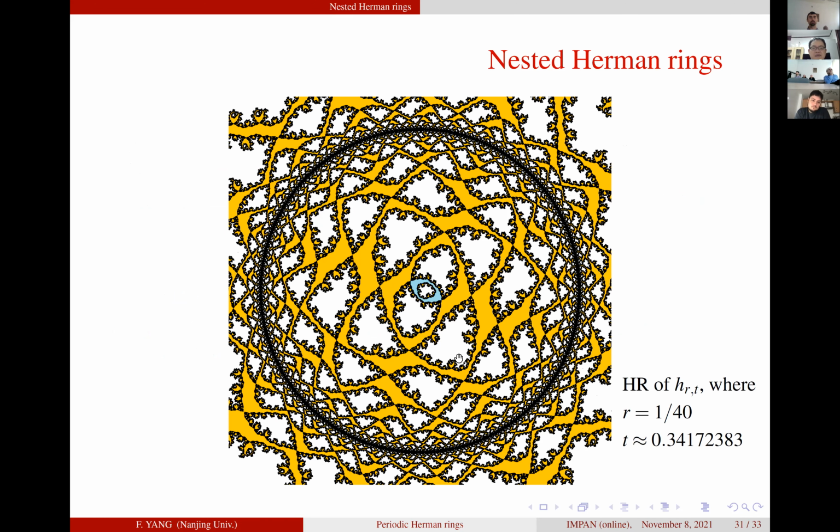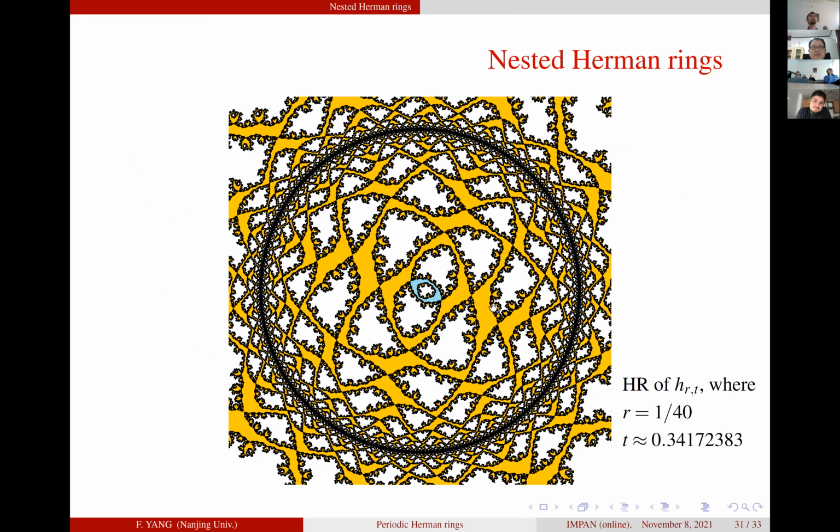And the Herman ring is very small. We couldn't see it. This is not the Herman ring. This is the pre-image of the Herman ring. The Herman ring is here. And what is the other Herman ring?